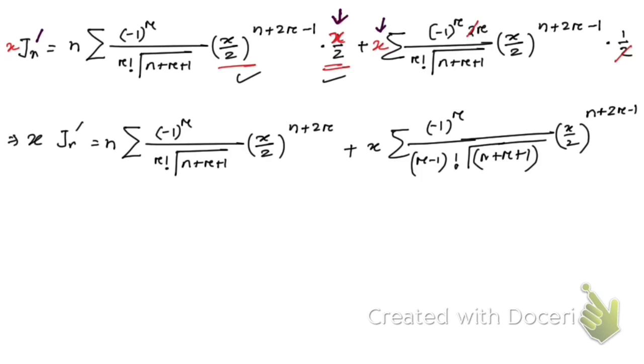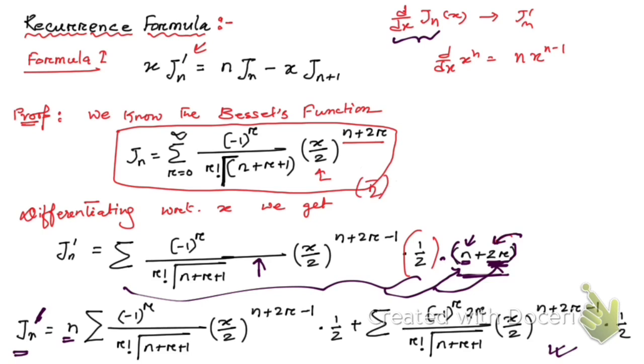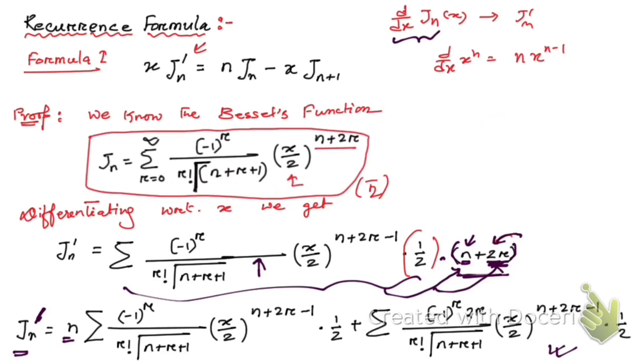Okay, now you see here this part is nothing but the Bessel's function, right? So let me go back to the previous slide. Here you see this is the Bessel's function, right? So let me copy this Bessel's function, and let me go to the next slide. This is the Bessel's function, right?